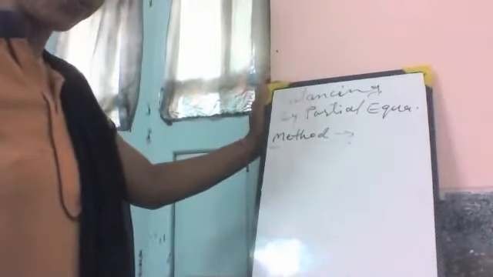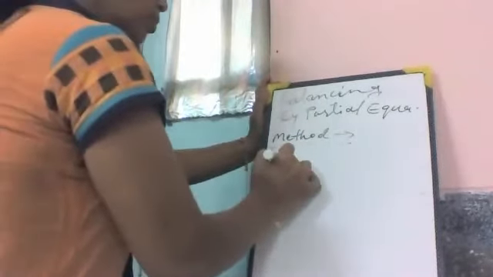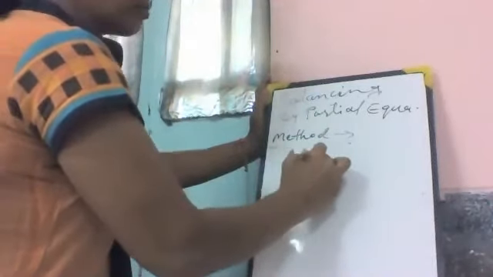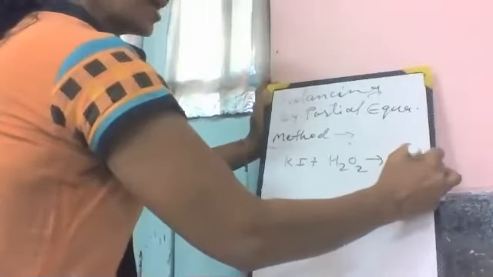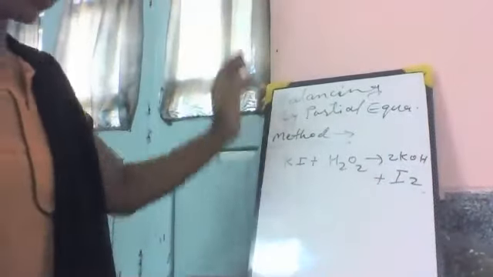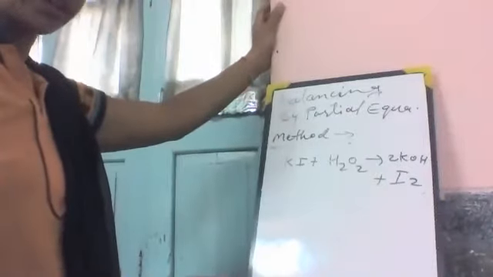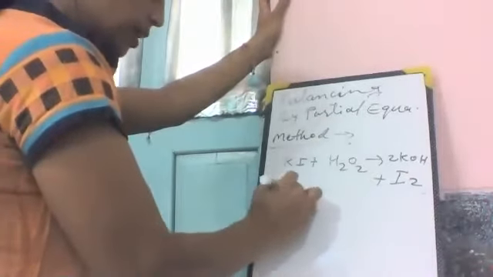Liberation of iodine from potassium iodide. Potassium iodide reacts with hydrogen peroxide to produce KOH plus iodine. For this, hydrogen peroxide decomposes to give water and nascent oxygen.